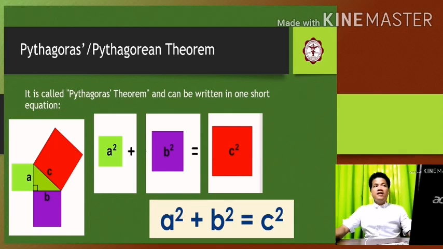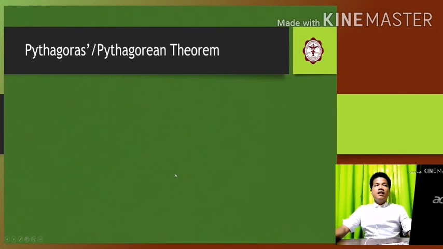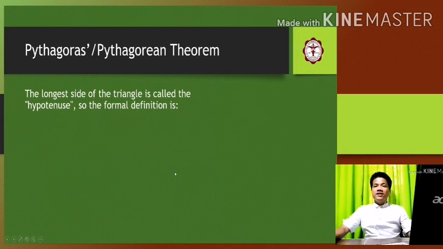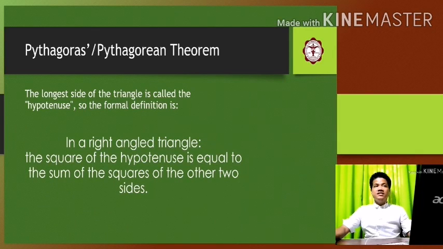The sum of the areas of the two squares is equal to the area of the biggest square. The longest side of the triangle is called the hypotenuse. So the formal definition is, in a right-angled triangle, the square of the hypotenuse is equal to the sum of the squares of the other two sides.